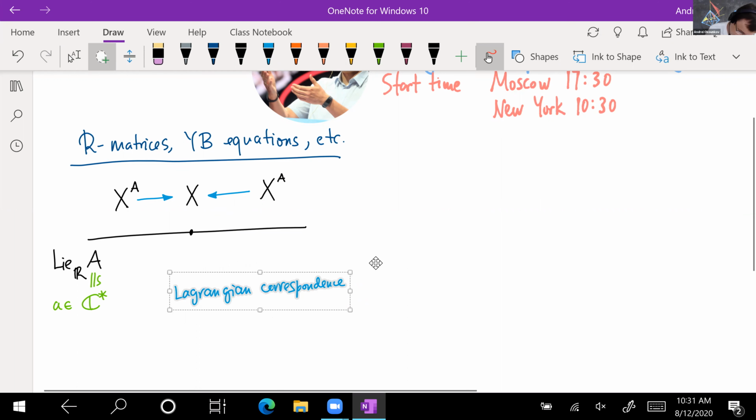So maybe I'll do it in this language. Each one of them corresponds to a face of some dimension, so x, A prime, whatever, and then there is an x of some subtorus A double prime, which could be of any dimension.